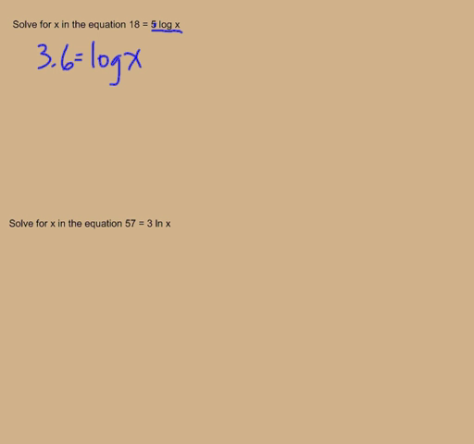So look on your calculator, and you'll see right on top of the log, it says 10 to the x. So that's the opposite of log. So x equals 10 to the 3.6. So again, we're moving log over to the other side, and the opposite of that, looking on your calculator, is 10 to the power of.